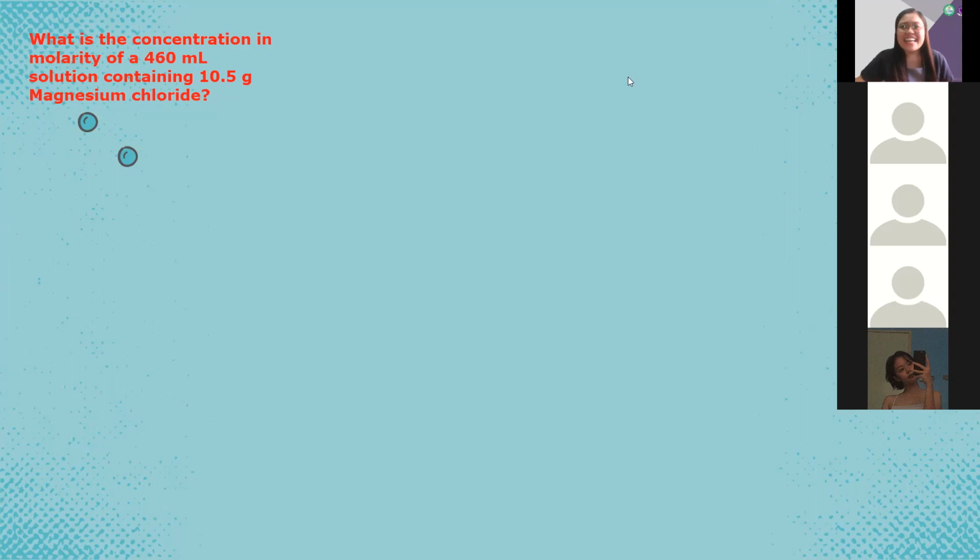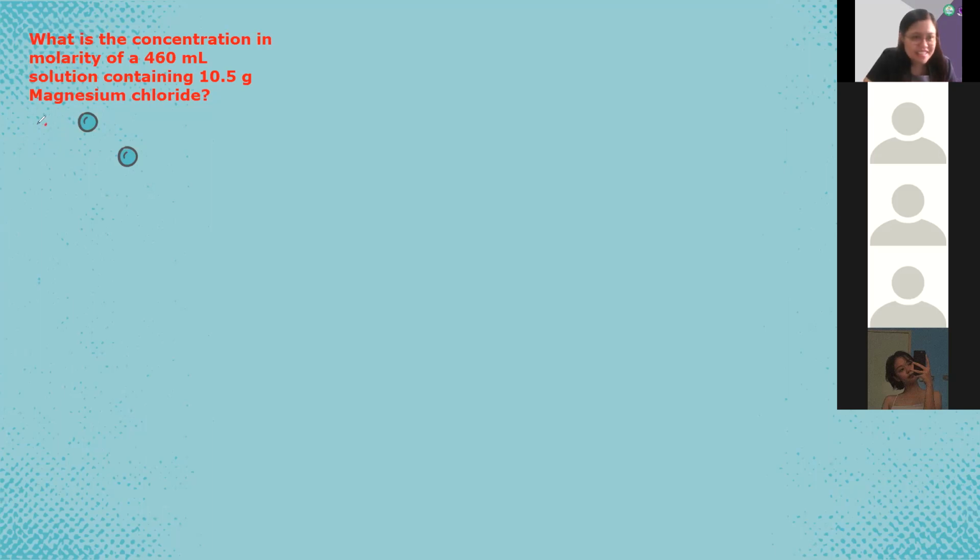Okay, let us solve this one. What is the concentration in molarity of a 460 ml solution containing 10.5 grams magnesium chloride? I need to check whether you still remember how to make the chemical formula.